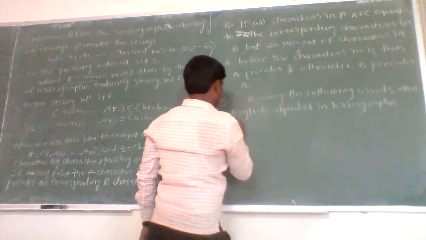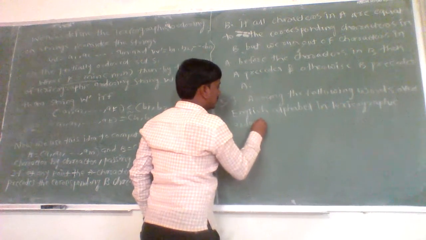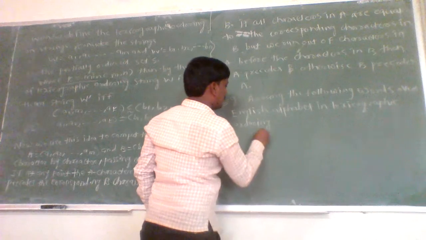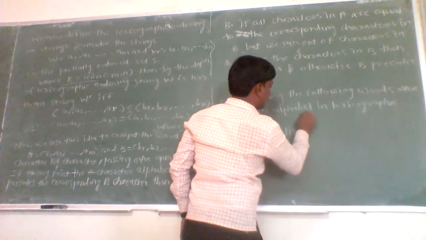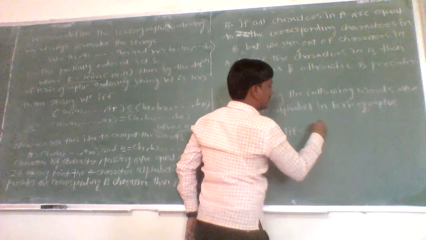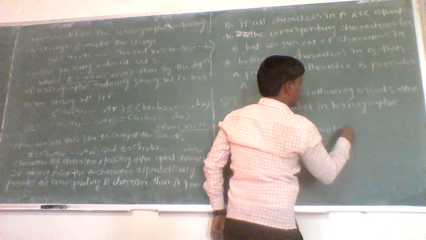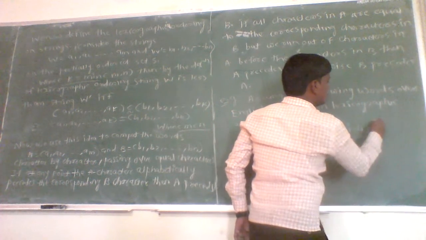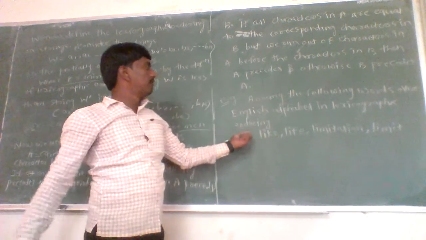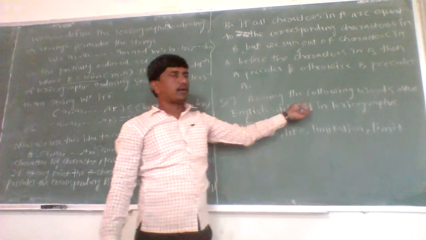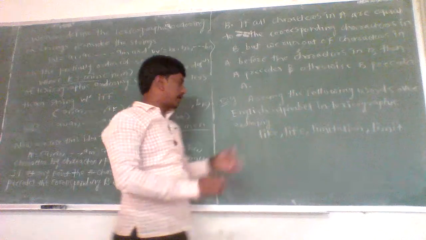Which are the words? The first one is like, the second one is life, the third one is limitation, and the fourth one is limit. Now we have to write these words in alphabetical order by using the lexicographic ordering.